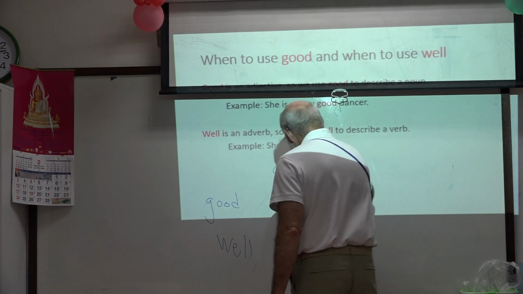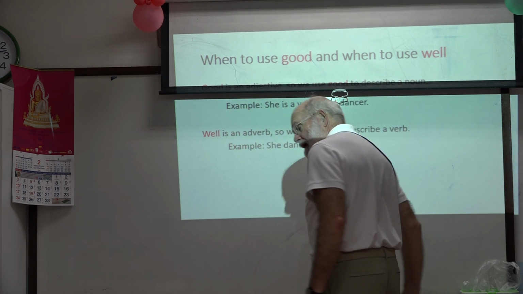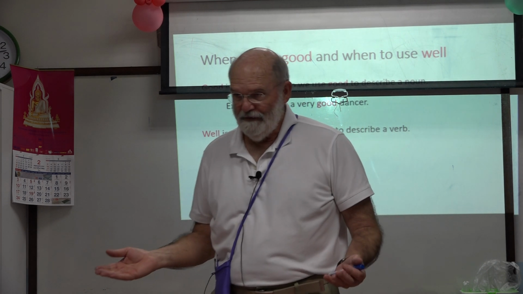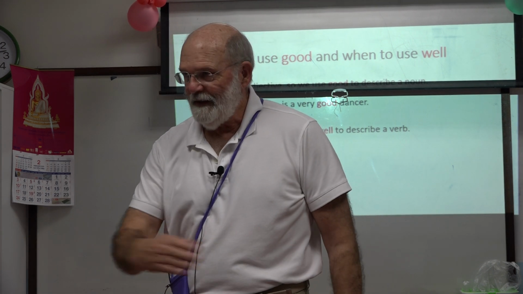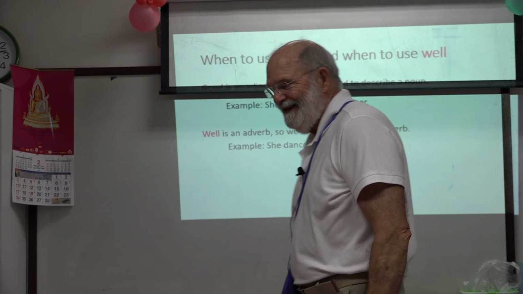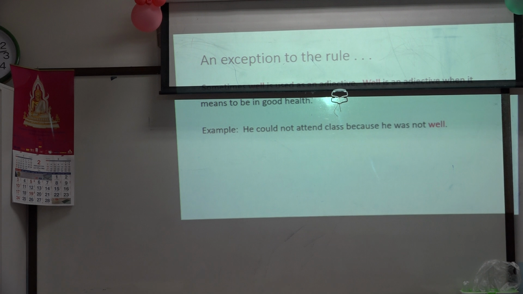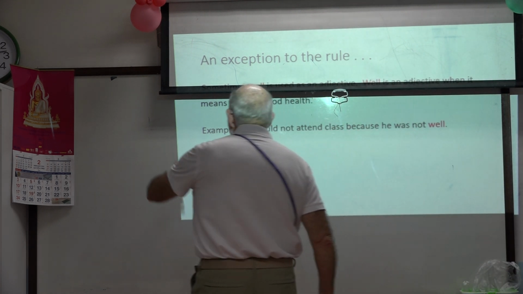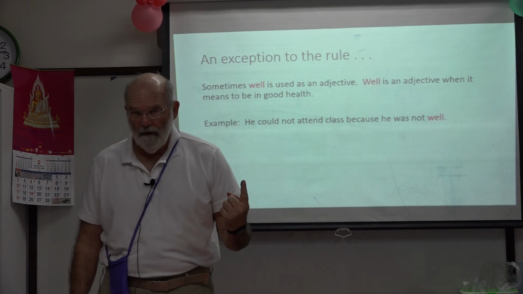Now, you know already that in English we have many exceptions to the rule. We have a rule, then we have all these exceptions, and they're difficult for us. So here is an exception. It's not really an exception, but we use good when we're modifying a noun.